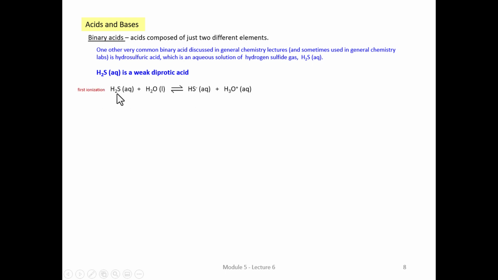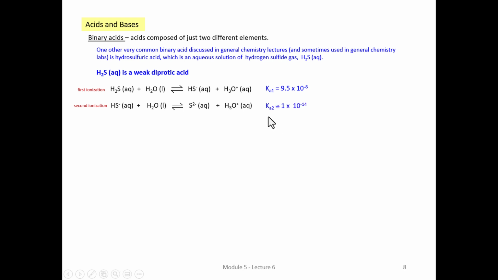The first would be where the H2S loses one H plus, and the Ka value for this is quite small. The second ionization would be where the HS minus resulting from the first equilibrium can undergo further ionization, donate another H plus to form a sulfide ion and another hydronium ion.